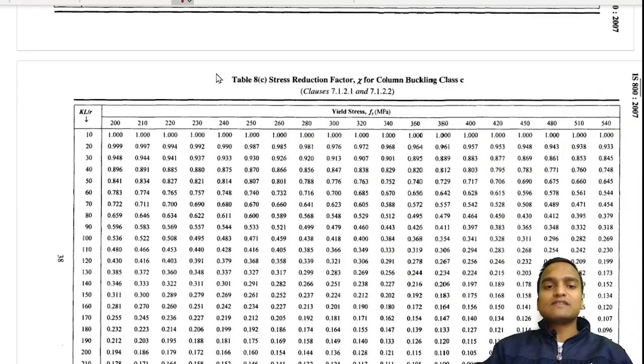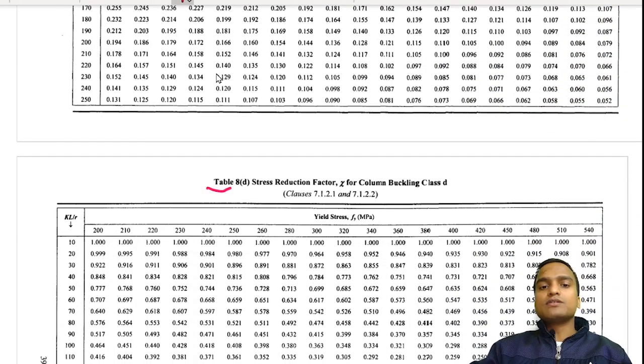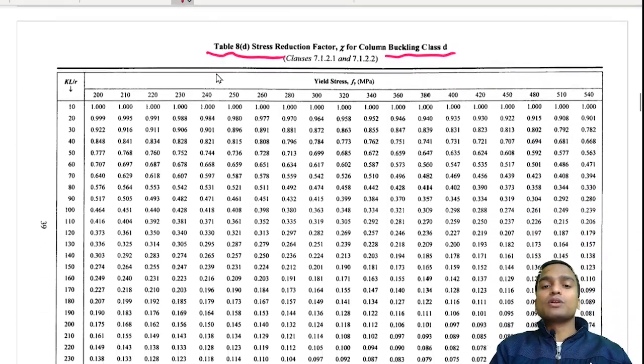Table 8C is again given in the IS code for buckling class C, and then there is table 8D for buckling class D. All these 4 tables will not be very useful for us right now because we are going to use only the tabular approach.